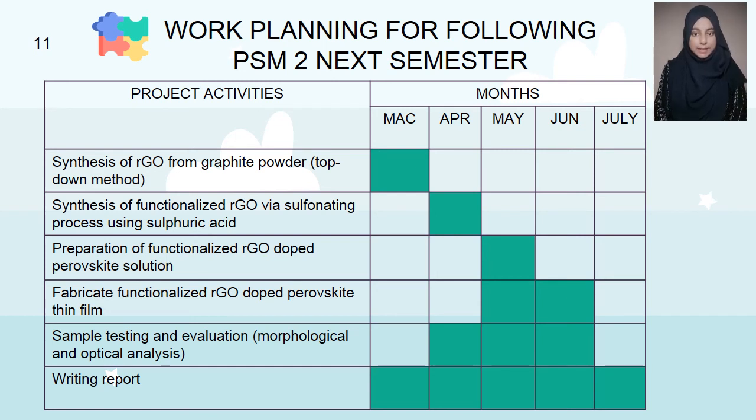Also for 1 month is the preparation of the functionalized reduced graphene oxide doped perovskite solution. Fabrication of the functionalized reduced graphene oxide doped perovskite thin film takes the next 2 months, from May until June, while lastly is the sample testing, evaluation of the morphological and optical properties, and analysis starting from April until June.